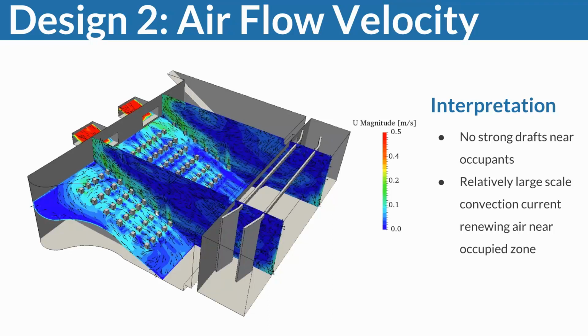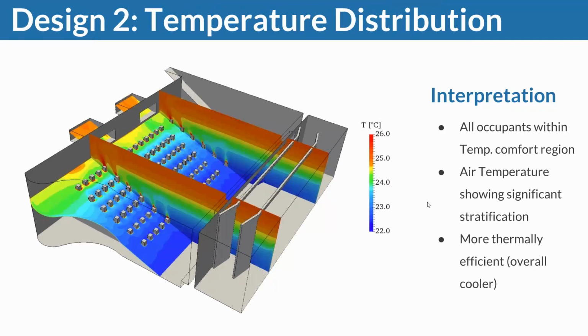It almost looks like we do not have any occupant zone anymore where we have velocities north of 0.3 meters per second, which is what we like, right? Temperature-wise, we're seeing that at the top, we're certainly getting hotter, but it looks like most of the occupants are now not in danger of overheating, or of being at a temperature where it's simply too hot.